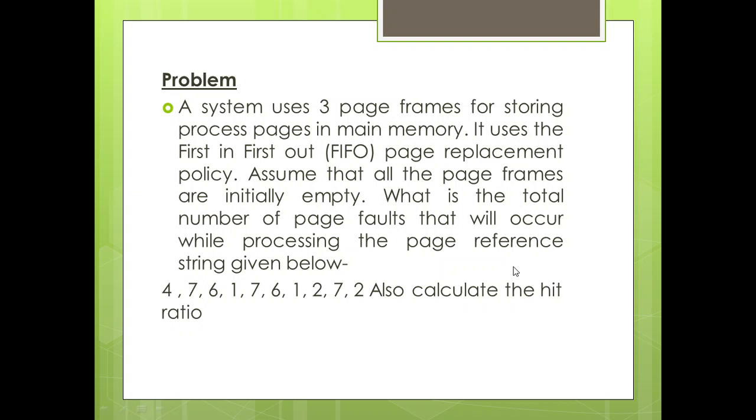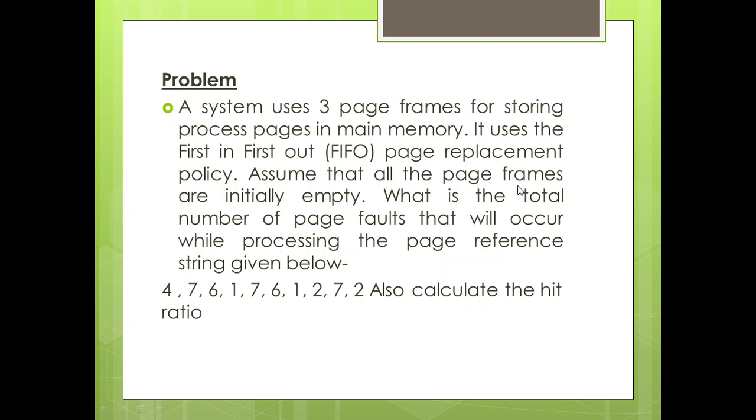So here we have a problem. A system uses 3 page frames for storing a process's pages in the main memory. It uses the first in first out page replacement policy.